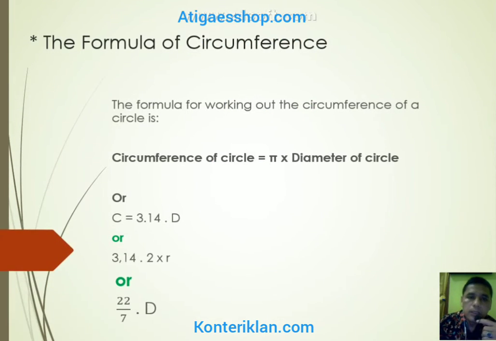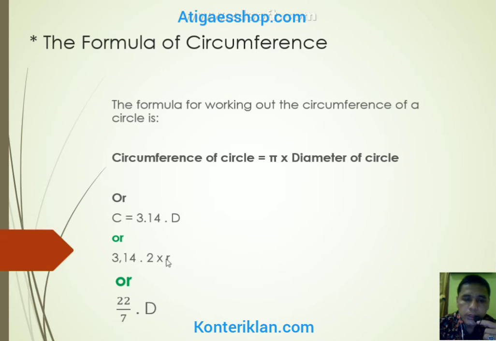And now this is the formula of circumference. The formula for working out the circumference of a circle is pi times diameter of the circle. Again, pi times diameter, or you can change pi into 3.14 times diameter, or 3.14 times 2 times radius.